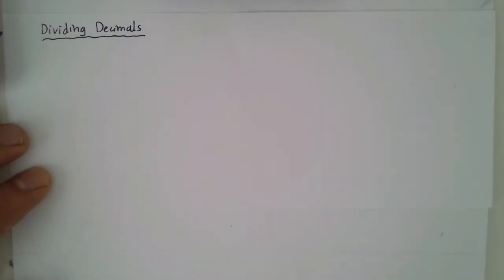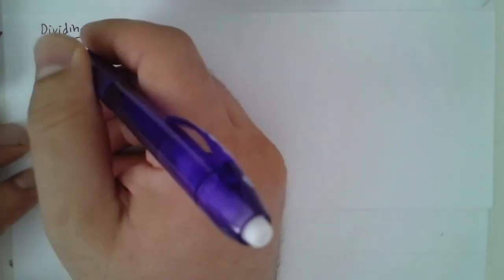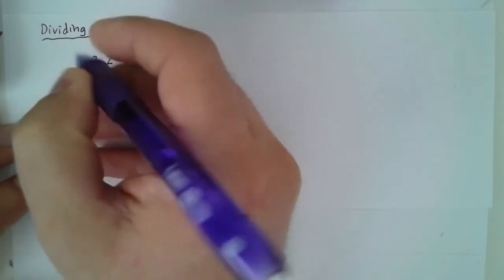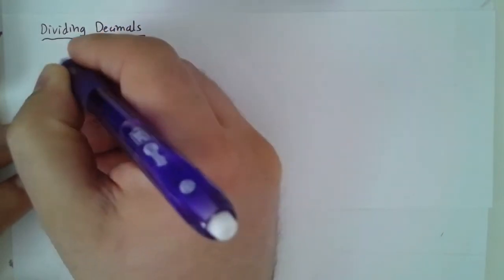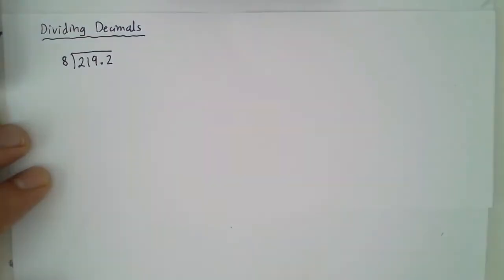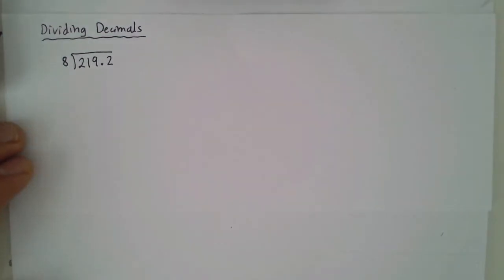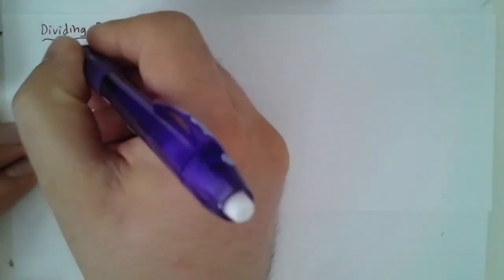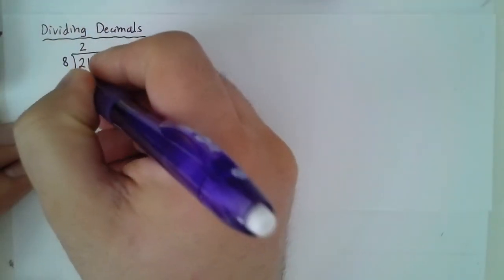If you have a decimal number divided by a whole number, for example 219.2 divided by, let's say, 8, you apply the same procedure that we applied when we divide two whole numbers. 8 goes into 21 twice, so it's 16.